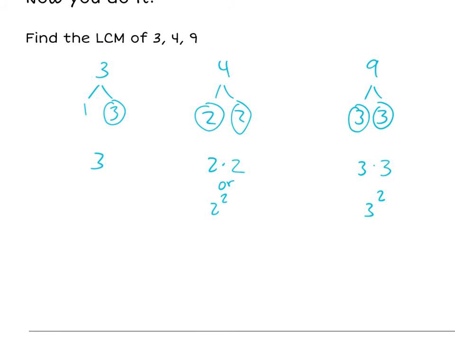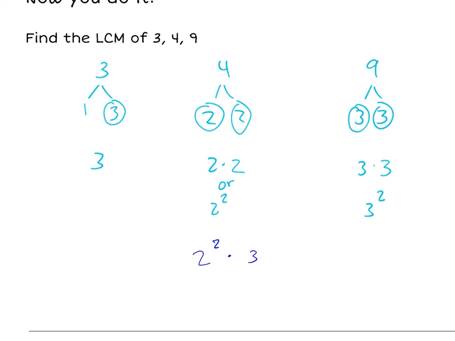So when I look at this, what numbers do I have here? A 3, a 2, a 3. I have a 2 and I have a 3. There's no other different numbers. So what's the most 2s you have in one number? 2 of them. So you're going to use a 2 squared.